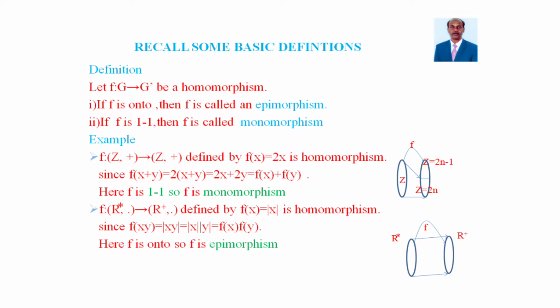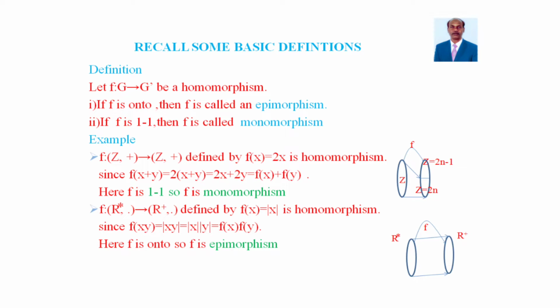But onto is not satisfied, since every odd element in the codomain set does not have a pre-image in the domain set. Therefore, the given example satisfies the one-one condition and the homomorphism condition, so it is a monomorphism.